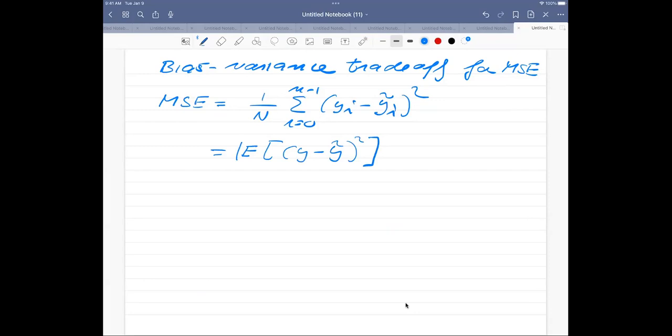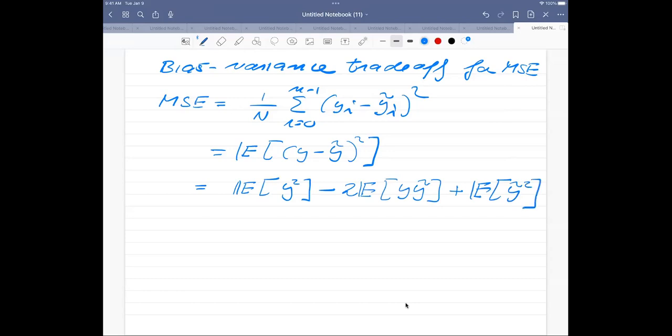When we write this out, since we have the linearity of the expectation value, we have the expectation value of y squared, minus 2 times the expectation value of y times y tilde, plus the expectation value of y tilde squared.